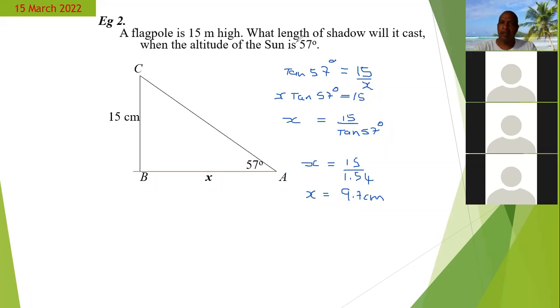What is x again, based on the question? The length cast when the altitude of the sun is 57. All right, so it's the length of a shadow.